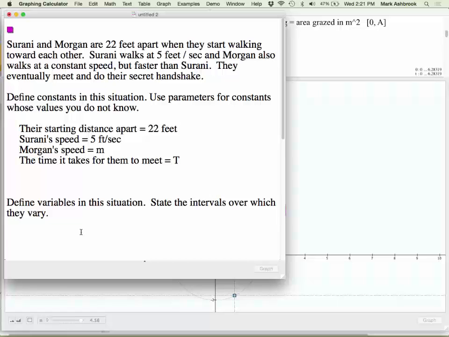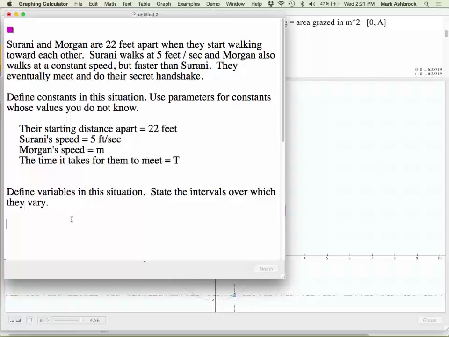Variables. What's your variable? X equals the distance between them in feet. Another variable.